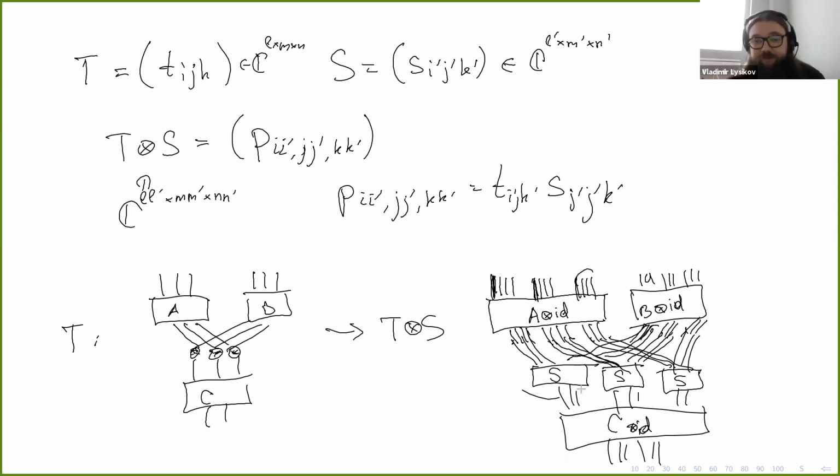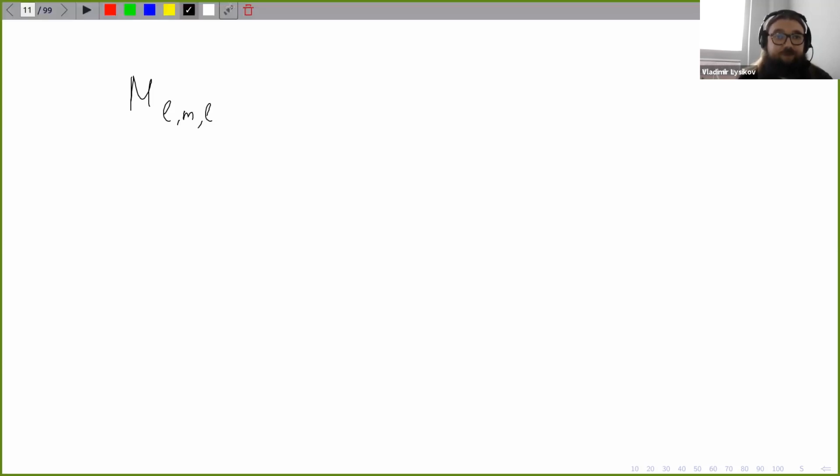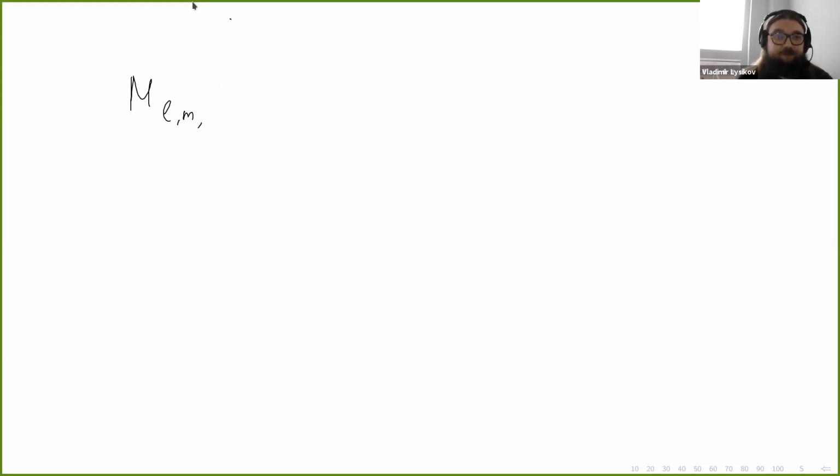And the inner structure is that when we take 2 blocks and multiply them, we use the usual matrix multiplication. And so this block matrix multiplication can be stated in the tensor language as the following statement.